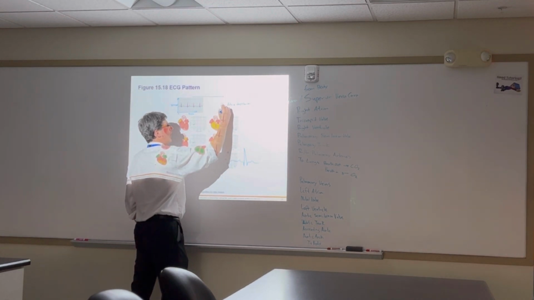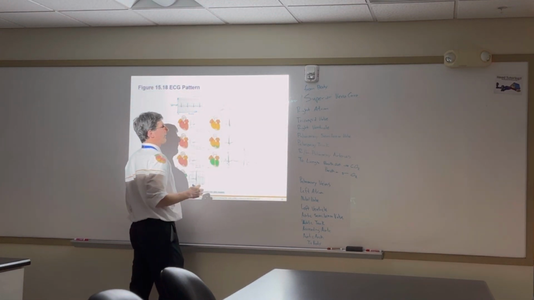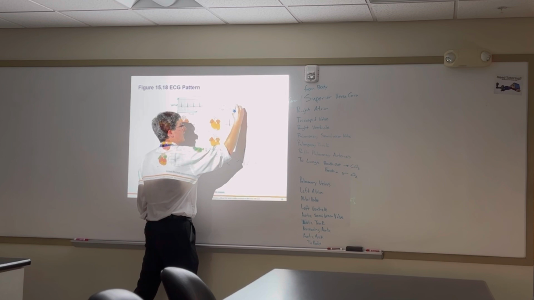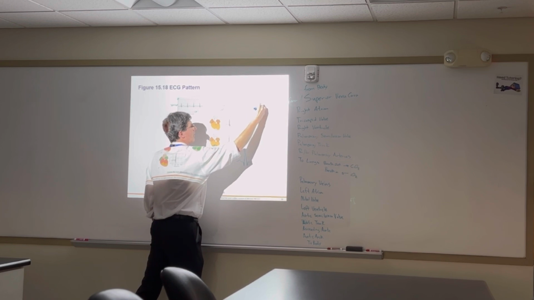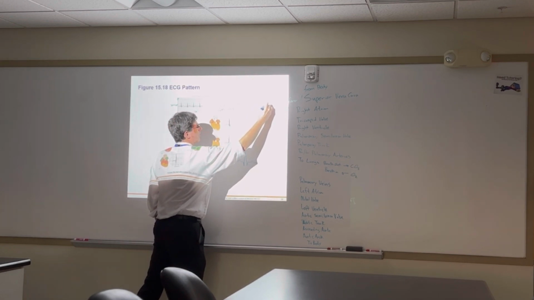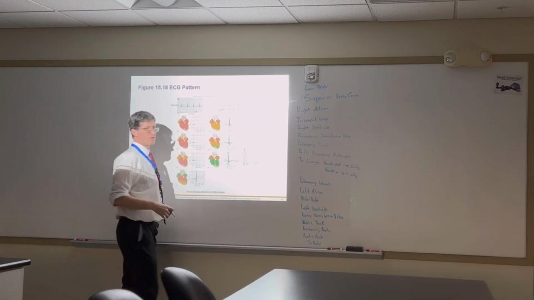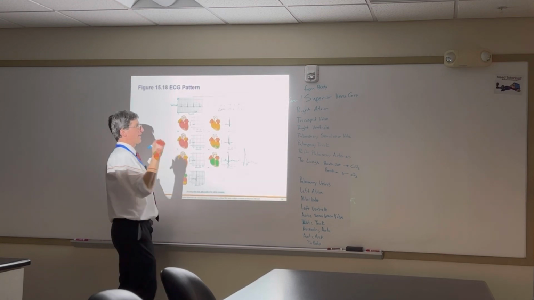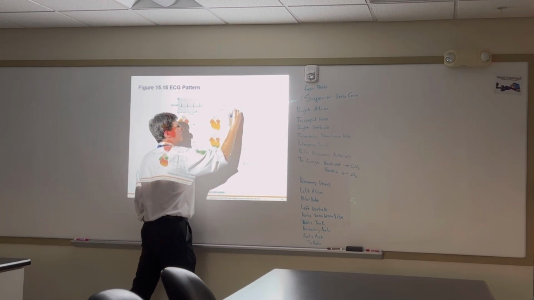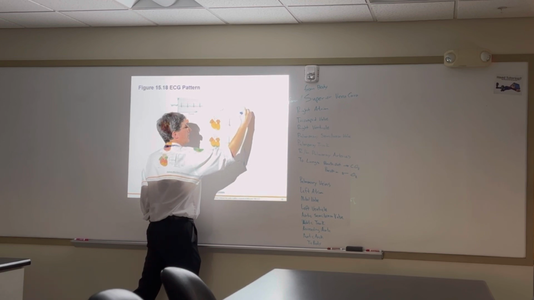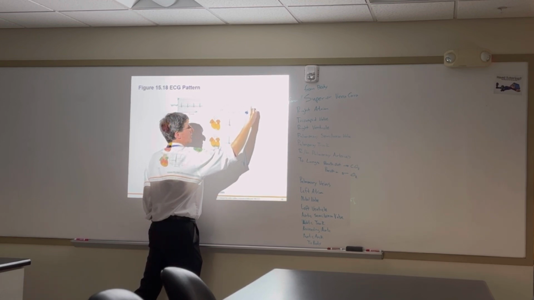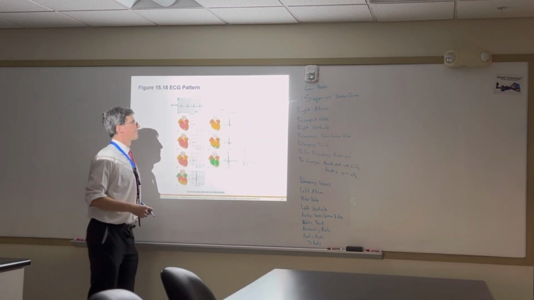The QRS wave has two things. It has ventricular depolarization, which again basically just means that the ventricles contract. And it also shows atrial repolarization. I didn't spell it right, but you can tell what it says.